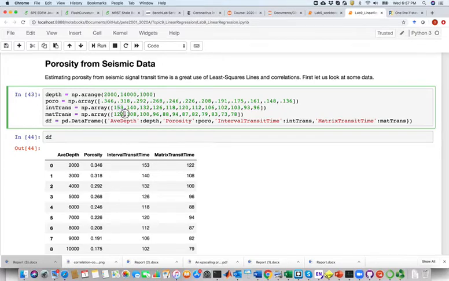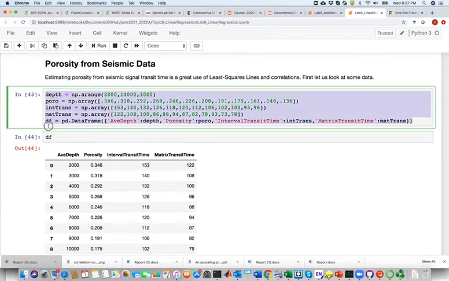So the rock is solid, it has less time. The bulk rock plus fluid has the fluid in it in addition to the rock. So the time the sound wave spends through the rock is longer because it's slower. The fluid slows it down. That's why these numbers are greater than these numbers.